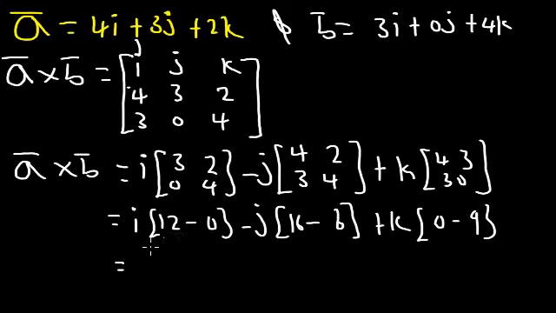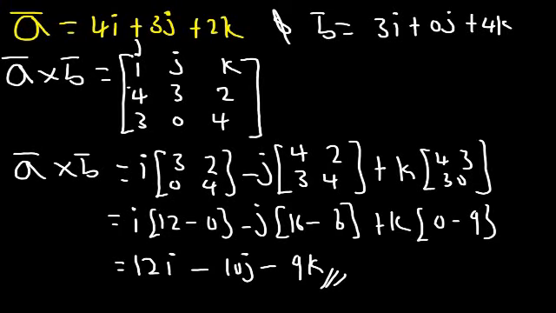So that's going to be in the end 12i minus 10j, then plus, typically negative 9k. And this is the cross product of the two vectors A and B.